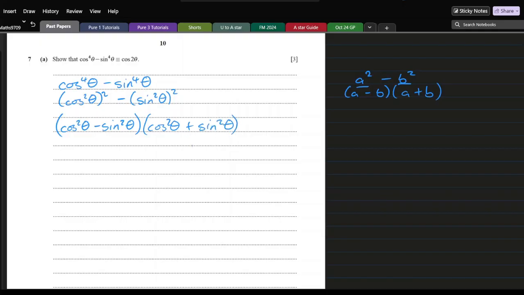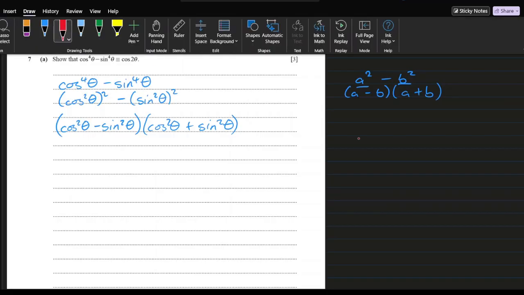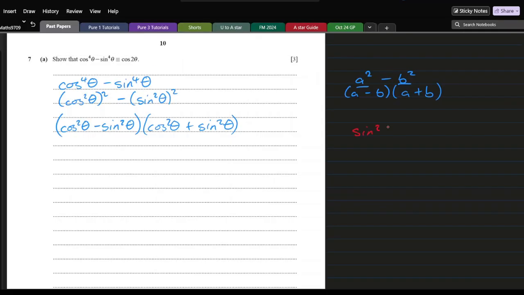And what we can now do here is to use the identity sine squared theta plus cos squared theta is identical to 1 to replace this bracket, because we know that cos squared theta plus sine squared theta is the same as 1.